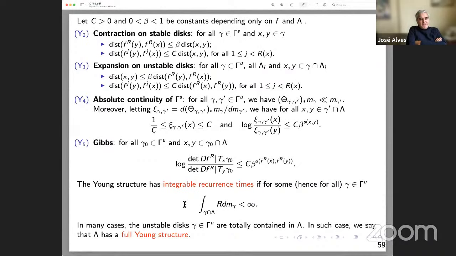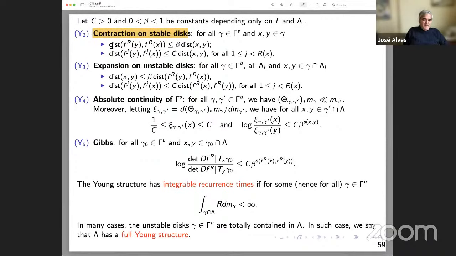In terms of some applications that we have, this is a very strong condition. So, thinking of what is done, it would be reasonable to consider a weaker form of contraction for the stable disks. And the condition is this one.